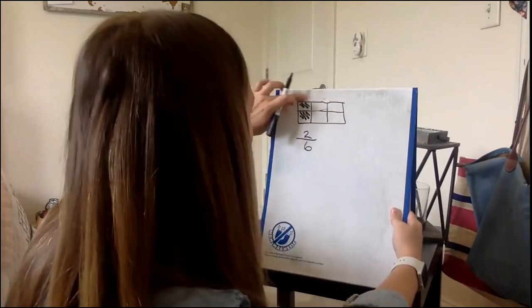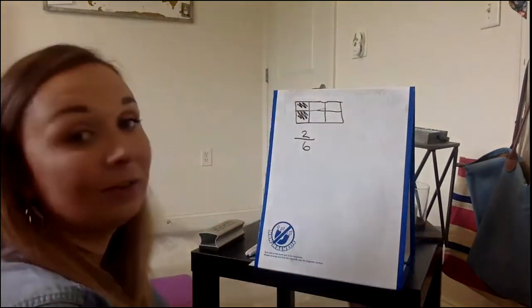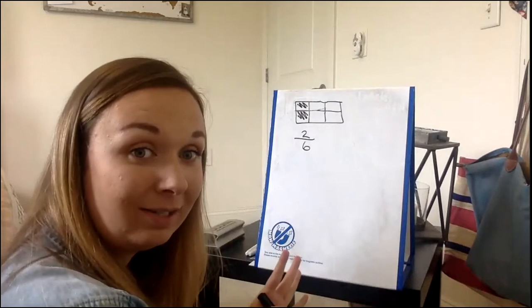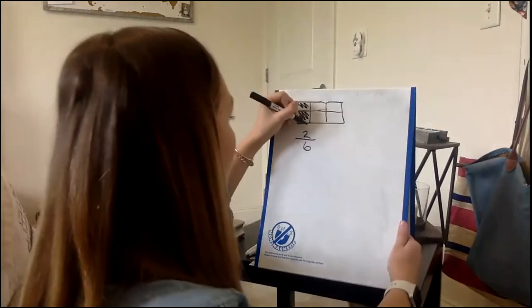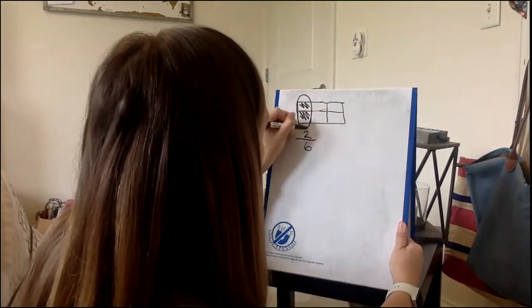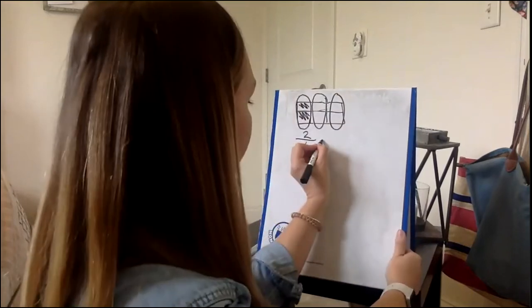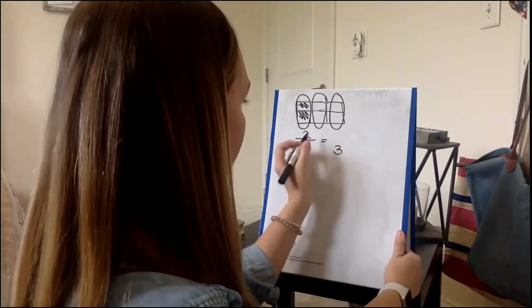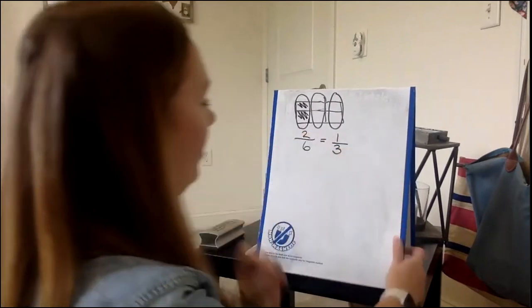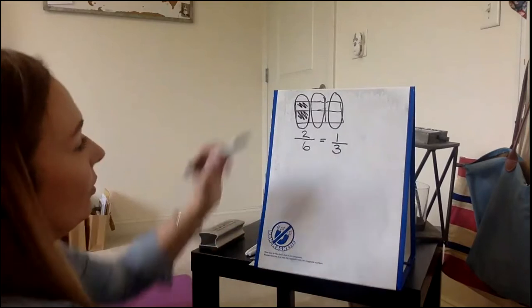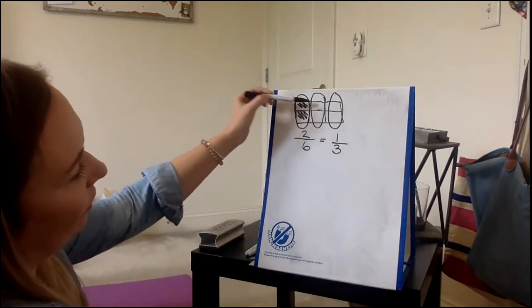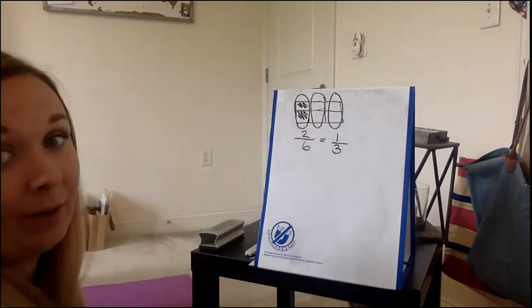All right. So I'm gonna look at what are some ways where I could make only shaded pieces together and only unshaded pieces together. So I see I could go like this. And I could make 3 circles. So now I have 3 total, and only one of them had shaded pieces. So do you see that I have 1, 2, 3 circles, and one of them was shaded in.